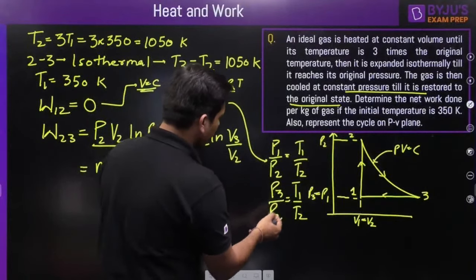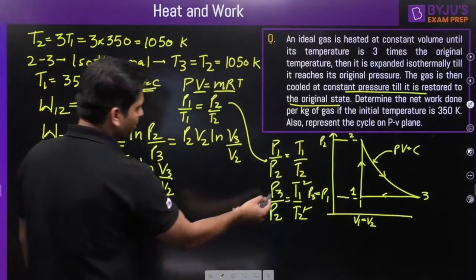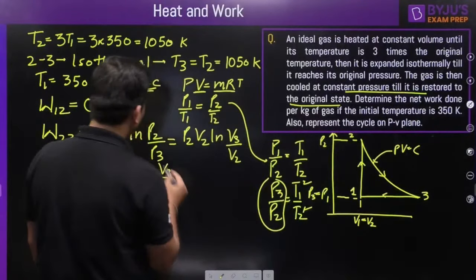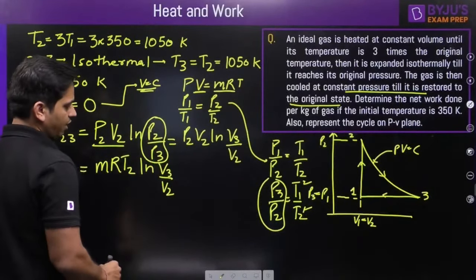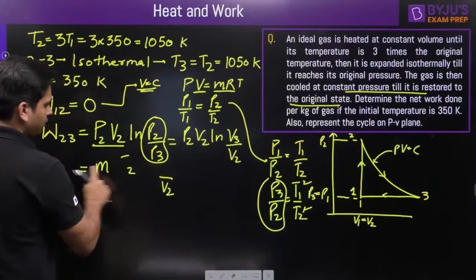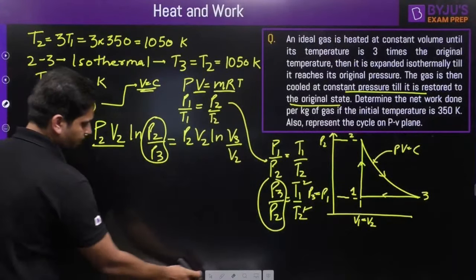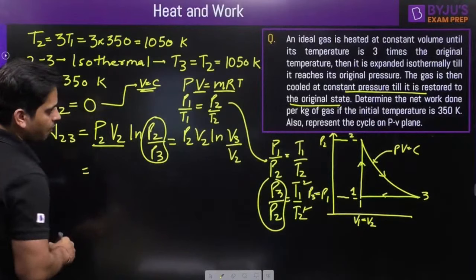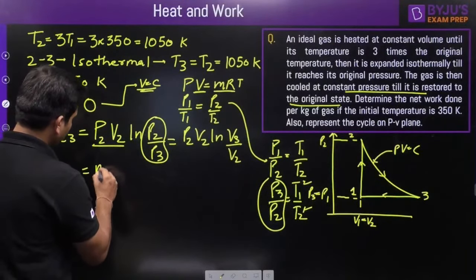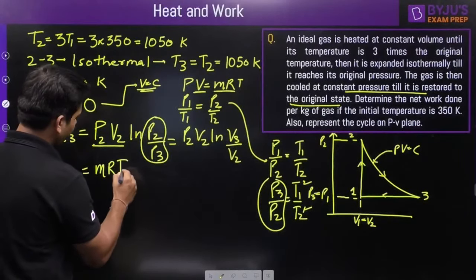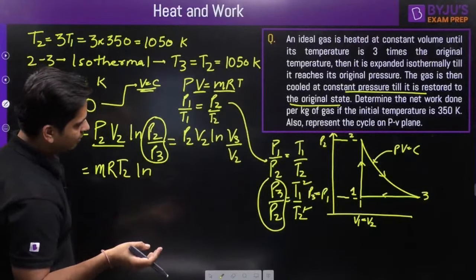So now I know T1, I know T2, and P3 by P2 I need to put here. Okay, and I can write mRT2 ln, what is P2 by P3?